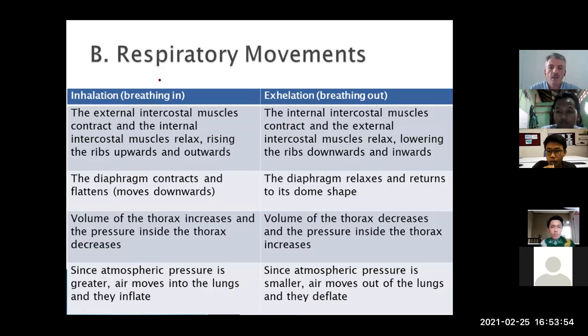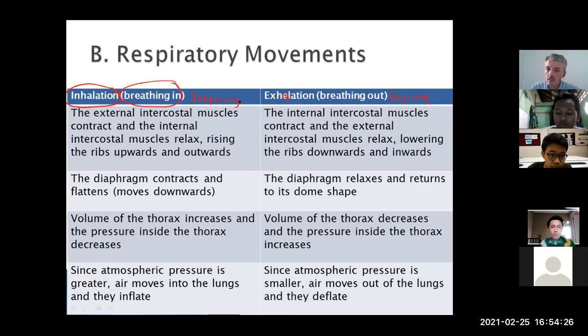Look, when we are breathing in, or inhaling, or there's another word, inspiring, and here exhaling, breathing out, expiring. You may see one of these three, all of them are used. Okay, let's say we are breathing in. The idea is about pressures.